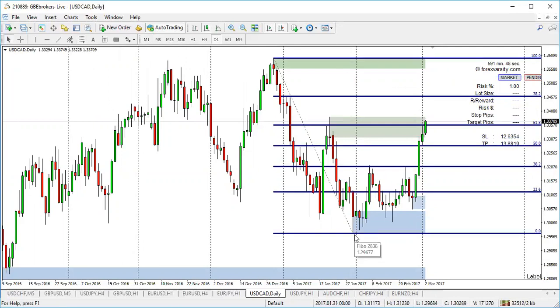Now, with Fibonacci, in terms of basic rules, once you have a starting point to the finishing point, which would be the highest level down to the lowest level, that would be 100% extension.